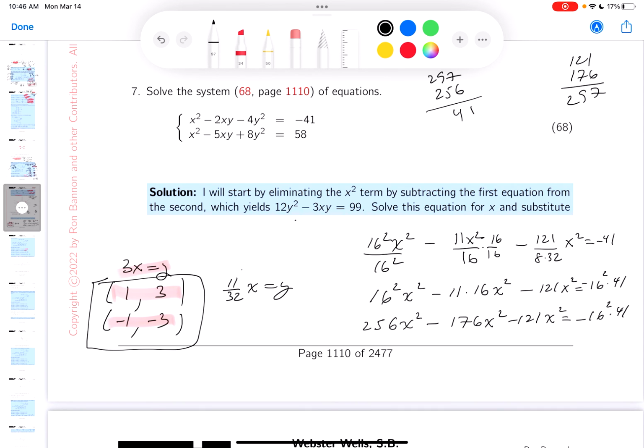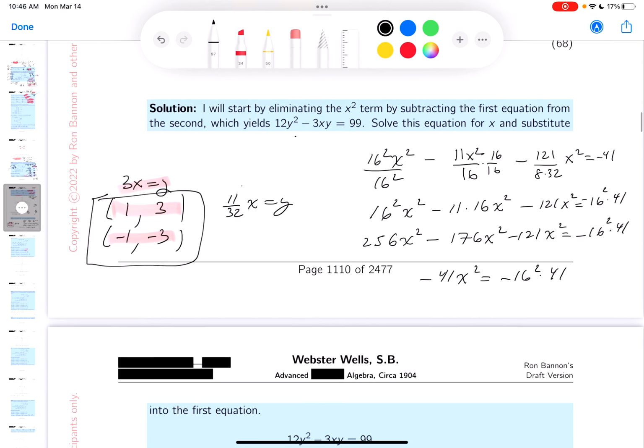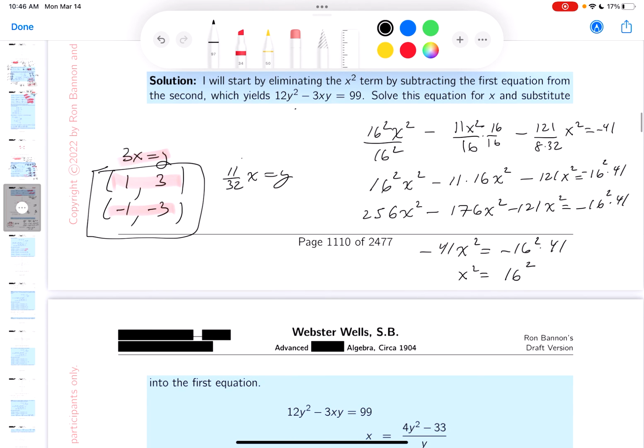That's 41. So it's going to be minus 41 x squared equals minus 16 squared times 41. Well, that's not so bad, right? x squared would equal 16 squared. So what's x? Plus or minus 16. Let's write it down. 16, minus 16.